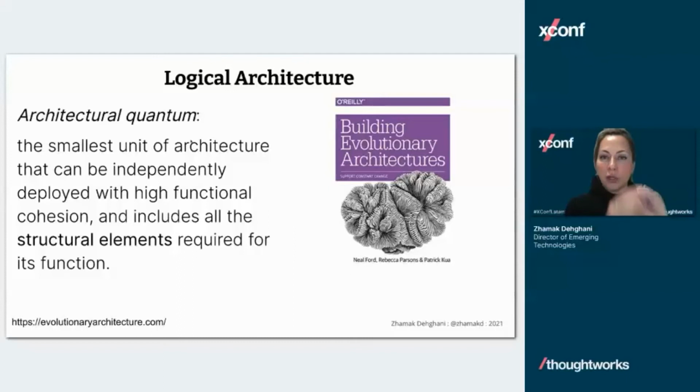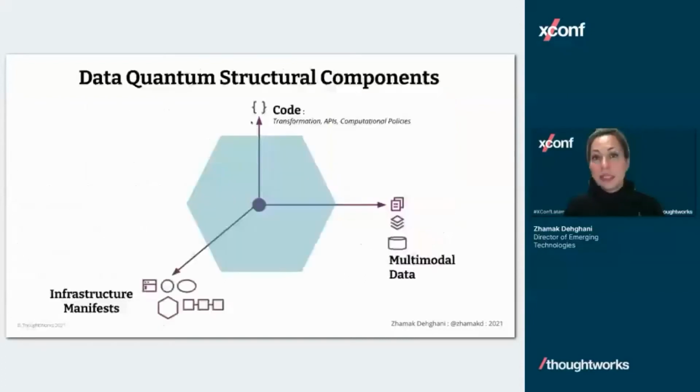And I think we need to now, with data, come up with a new concept. It's a bit different from a microservice, but it has similarities in that it needs to have all of the structural components. So when you think about a data product, I call it a data quantum, the logical architecture unit. It needs to have the data, of course, with access in the multiple modes. It needs to have an articulation of what dependencies it has on the infrastructure, what sort of storage it needs, what sort of retention it expects to have, and so on.